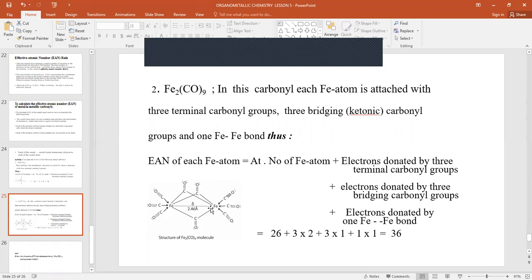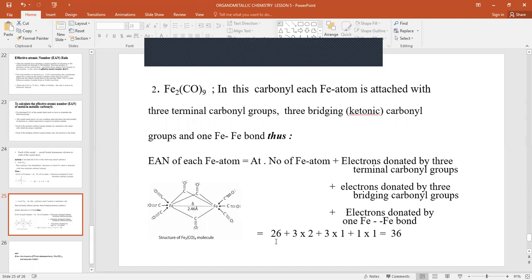So between this iron and this iron, we have only 1 bond. So the EAN of the iron atom is equal to the atomic number of iron plus the electrons donated by the 3 terminal carbonyls, plus the electrons donated by the 3 bridging carbonyls, and the electrons donated by the 1 iron-iron bond. The iron-iron bond, each contributes a half, and we get 1 electron. Each contributes an electron to form a bond.